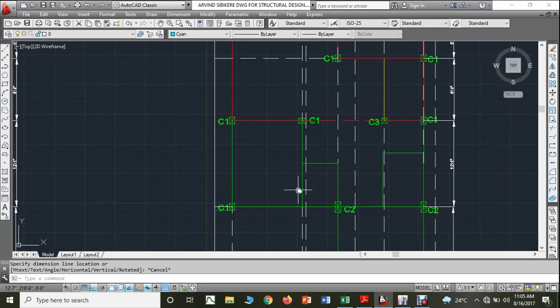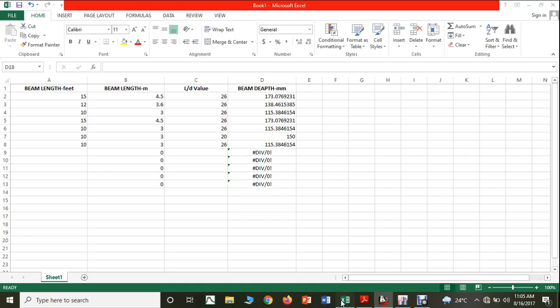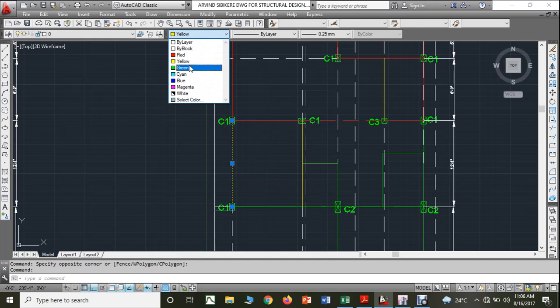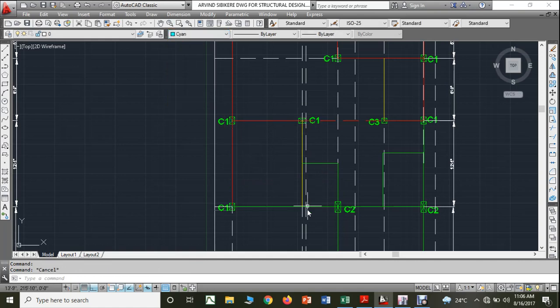Let us take it as simply supported only, that is a 13 feet beam. One 13 feet, another 13 feet. This will be continuous, whereas this will be simply supported.